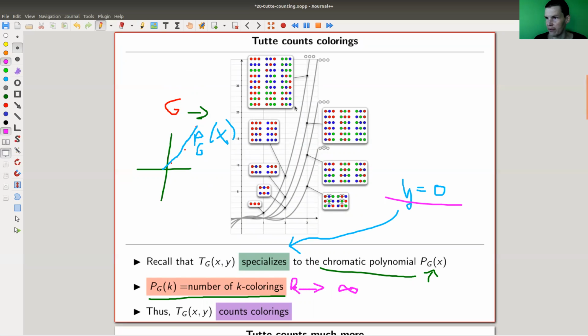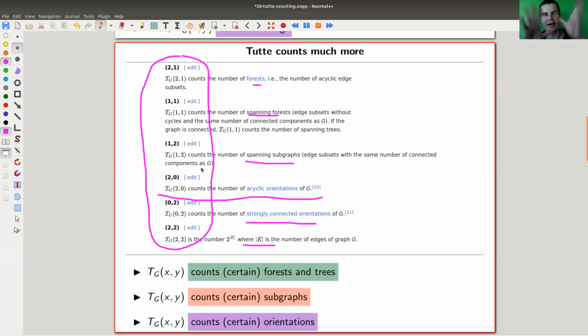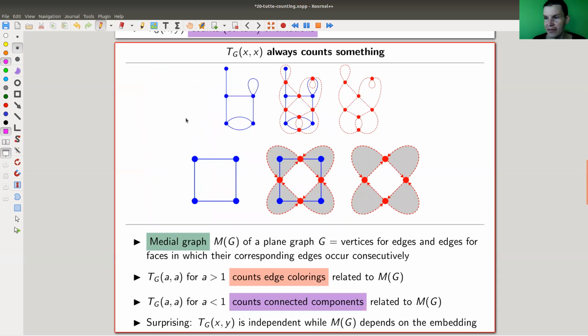And here we're using y, but we are staying in this area of not too large numbers. Yeah, it's really, really impressive. So one polynomial counts very different things: colorings, forests, subgraphs, orientations, and a lot of other things. And this is just a very incomplete list. And there's way more known. So this one is pretty cool.